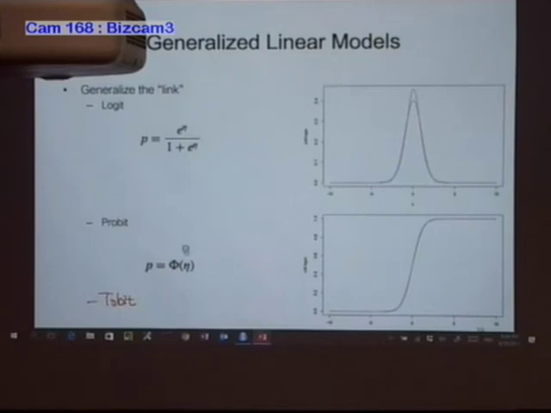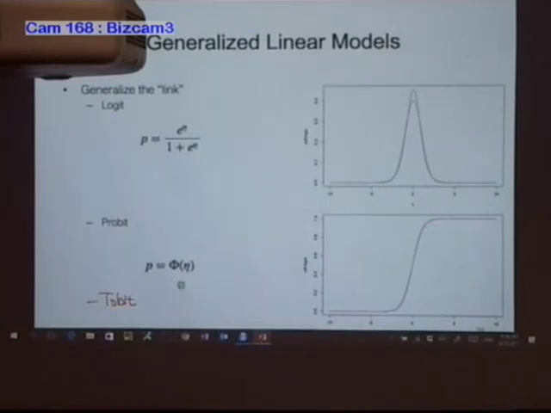So we have seen the logistic function. We have seen that it's S-shaped. But the probit idea is really, I can find many S-shaped functions here. Any probability distribution, the cumulative probability distribution, will give you an S-shaped function. You can put anything here.